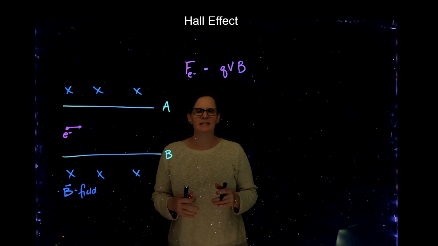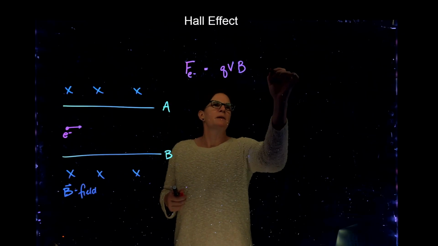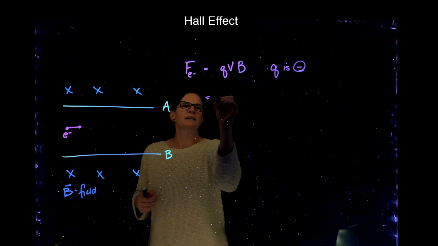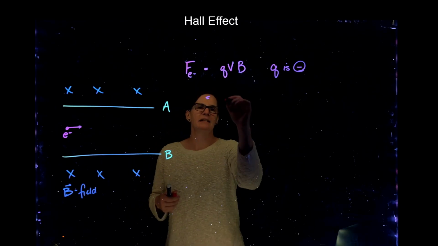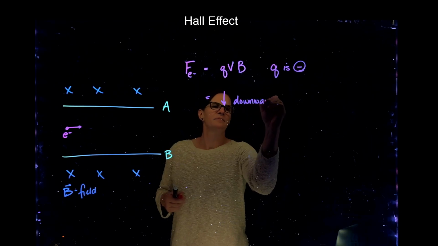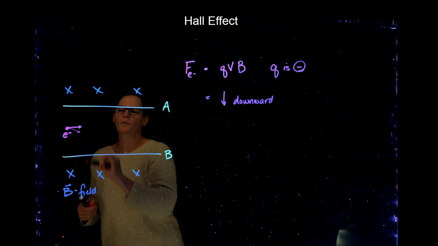We're just going to have that sine of theta be 1. Now the charge is negative, right? So because Q is negative, the force on this electron is downward. So this electron feels a downward force.